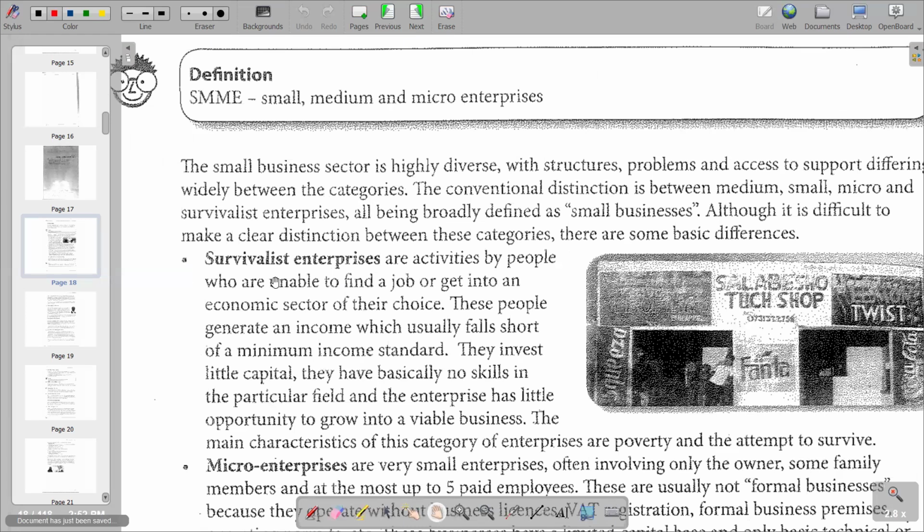You see that survivalist enterprises are a type of business that is not considered to have the potential to generate income and to provide employment. You'd see how survivalist enterprises do not have an impact in the economy as they don't create employment.